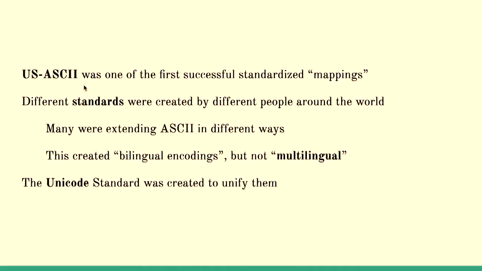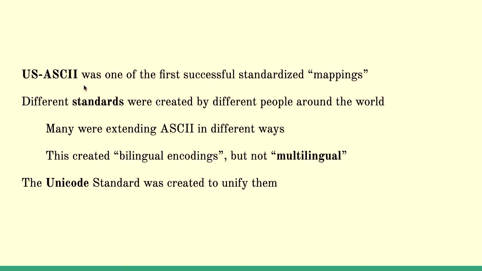But this created what I call bilingual encoding. These encodings only accommodate their language and English. They didn't need to support other languages other than their own. And because it was based on ASCII, automatically it supports English. So these encodings were not by nature multilingual. Then some people thought, well, the internet is bound to be used by everyone around the world.